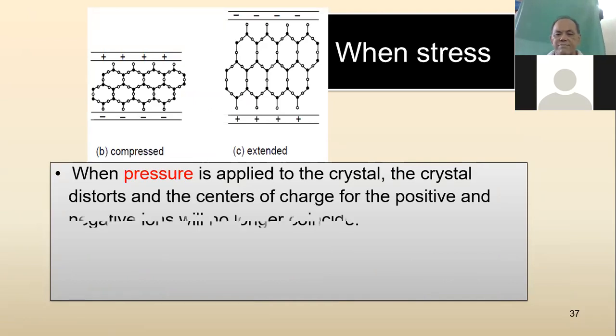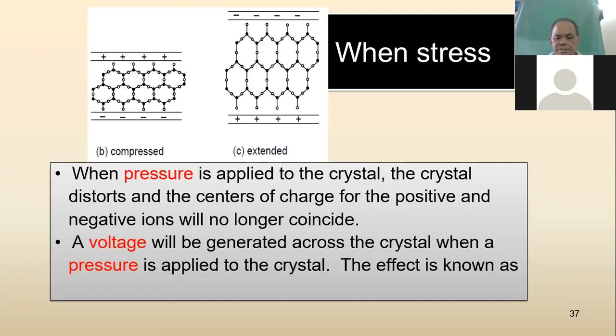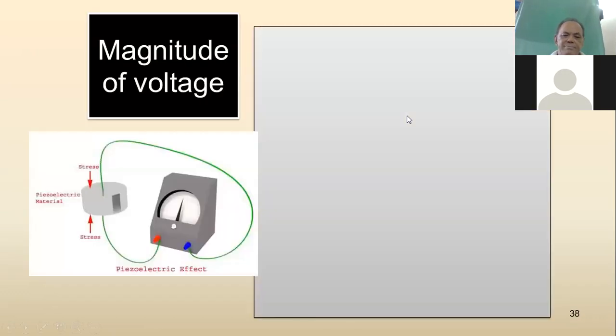The centers of positive and negative ions no longer coincide. The voltage will be generated across the crystal when pressure is applied to the crystal. And this is known as the piezoelectric effect. Whether it's compressed or stretched, the potential across the crystal will be different. Magnitude, you can measure using a voltmeter.